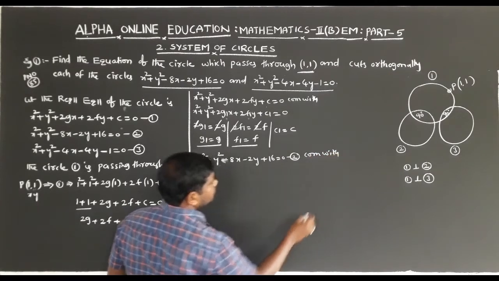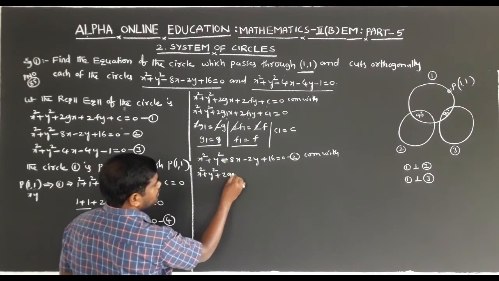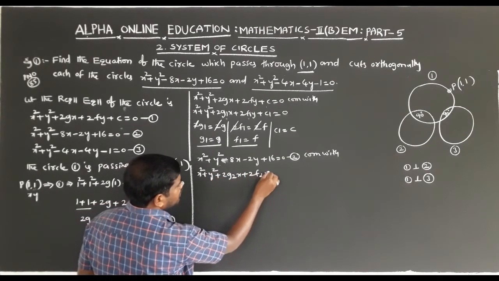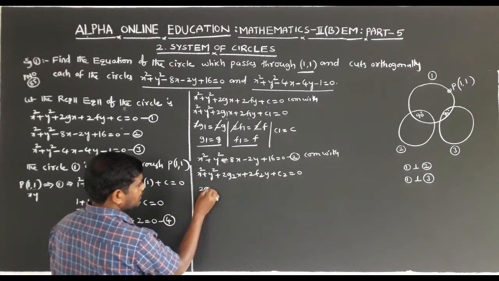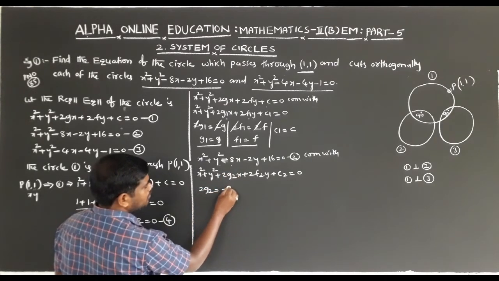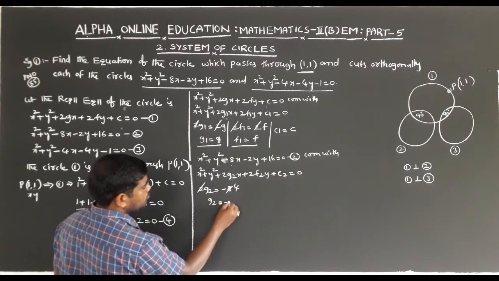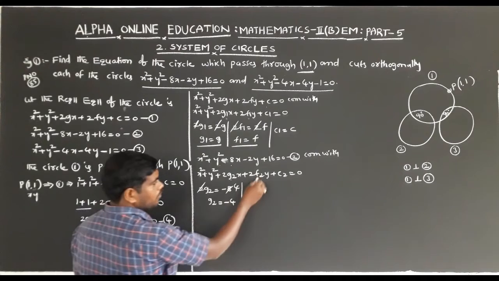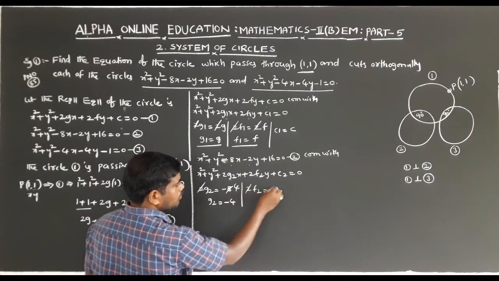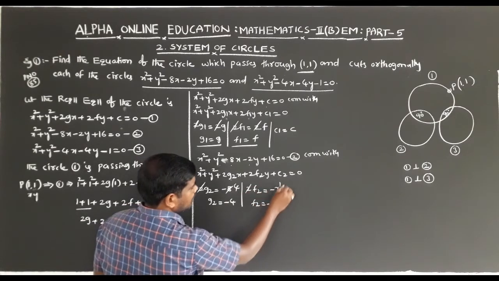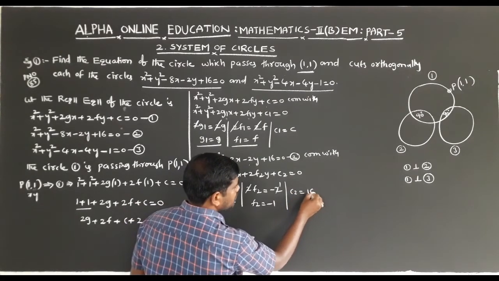Comparing with x square plus y square plus 2g2x plus 2f2y plus c2 is equal to 0: X coefficient 2g2 is equal to minus 8, so g2 is equal to minus 4. Y coefficient 2f2 is equal to minus 2, so f2 is equal to minus 1. And c2 is equal to 16.